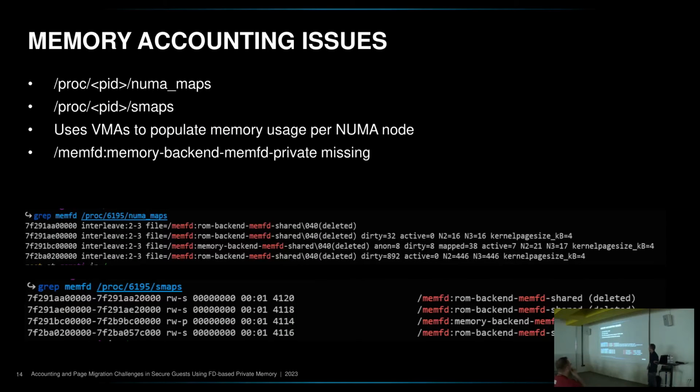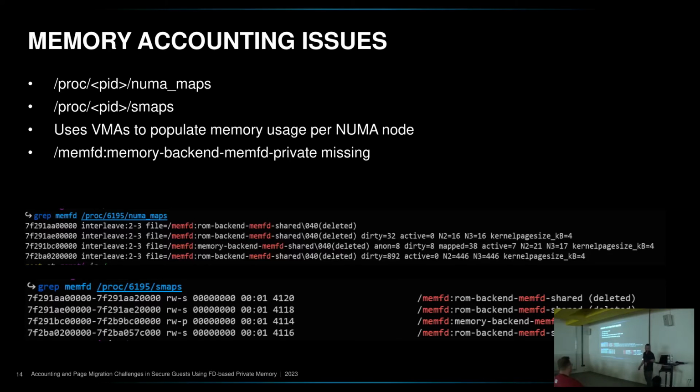And if you dig a little bit deeper into why that might be and start looking at things like proc files, if you look at numa_maps, there's 4 files listed here, and they have useful information about how many pages are allocated to a particular node. But in the current implementation of GMEM, for every one of those FD-shared files, there's a corresponding FD-private file that's not showing up here.